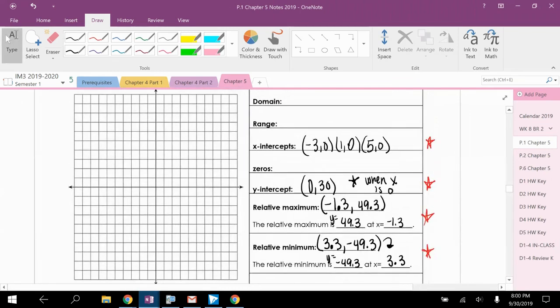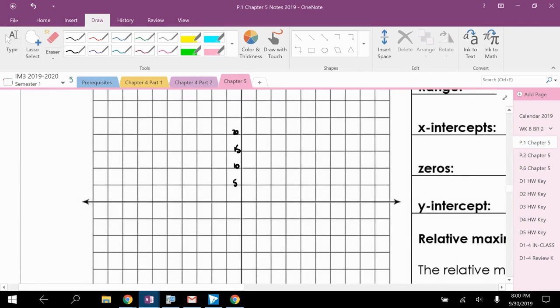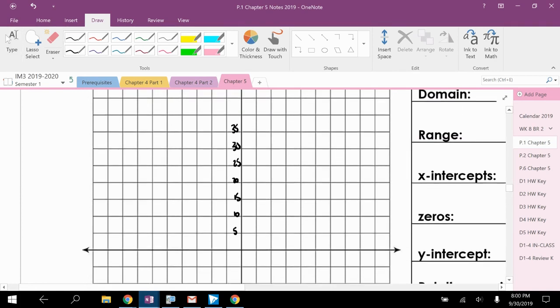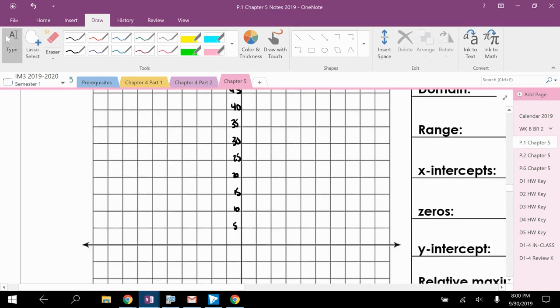Just like last time, because our range was so high, from negative 100 to 100, we have to label those axes again. So 5, 10, 15, 20, 25, 30, 35, 40, 45. Again, just to get yourself a more accurate graph.